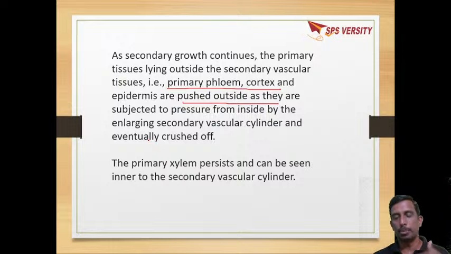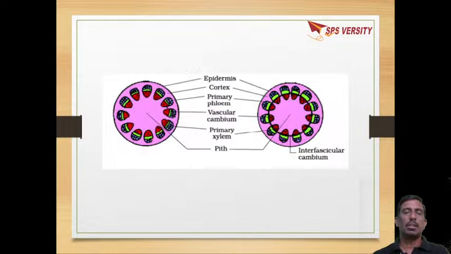What happens is the primary structures are pushed away from vascular cambium. So what you are seeing, this is vascular bundle, this is intrafascicular cambium. In between these, what is formed is interfascicular cambium. When both combine, the entire ring of cambium is called vascular cambium.